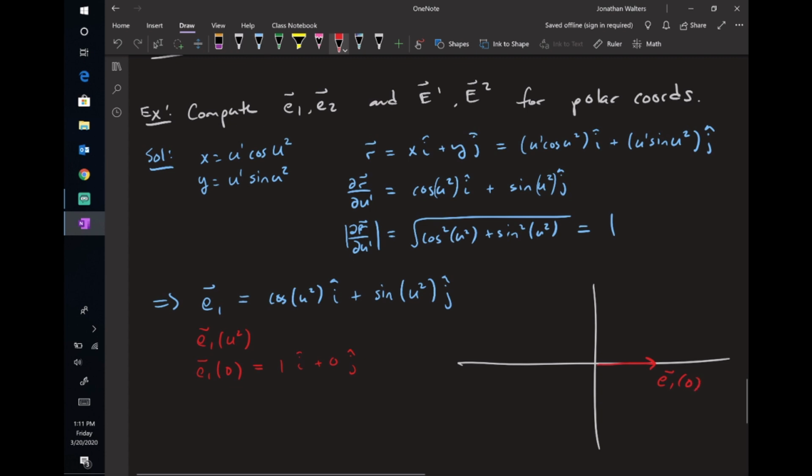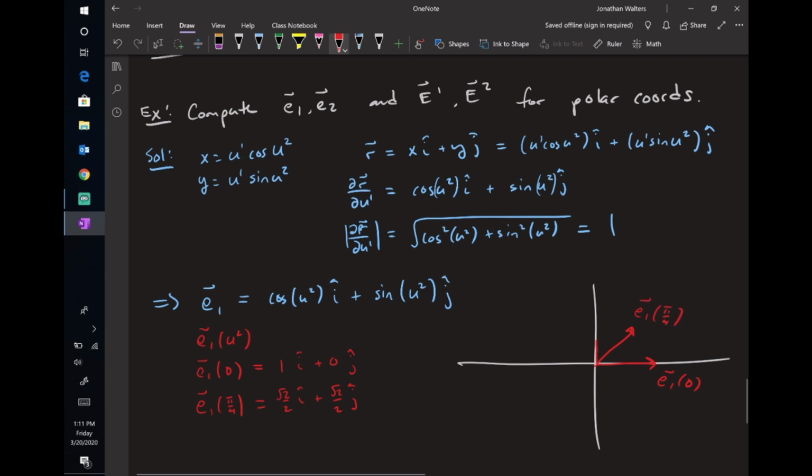Now what's E1 of, I don't know, pi over 4? E1 of pi over 4 is equal to square root of 2 over 2 i plus square root of 2 over 2 j. So that would be E1 of pi over 4.